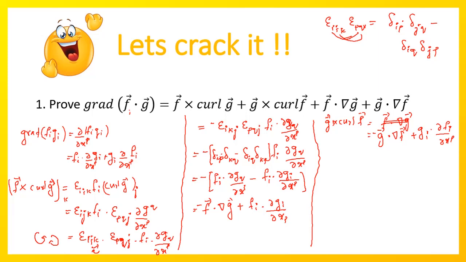So we can substitute for these two values from these two equations, and we can write that the gradient of f dot g is equal to f cross curl g plus f dot del g.